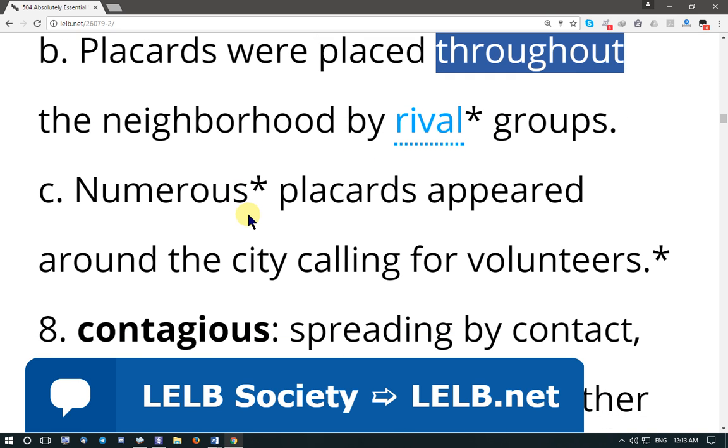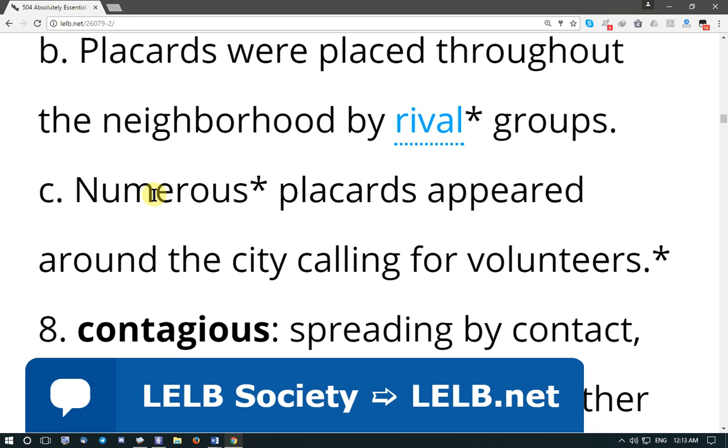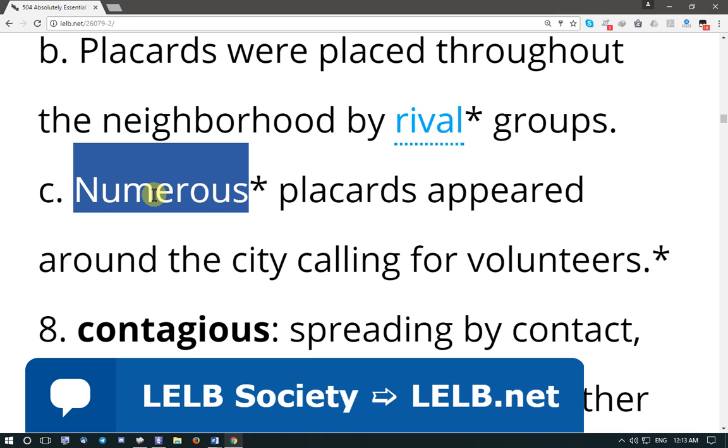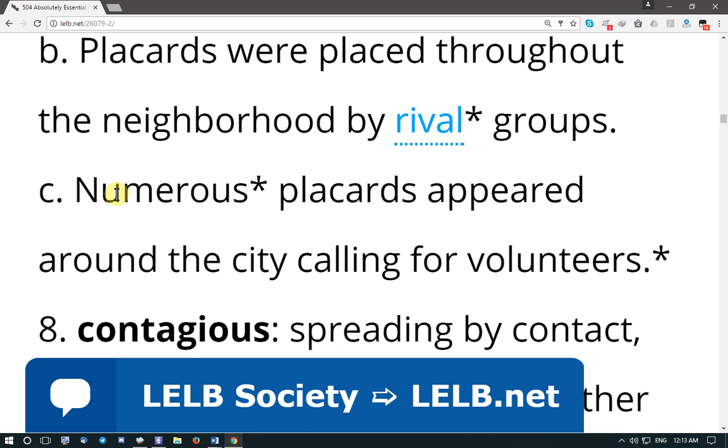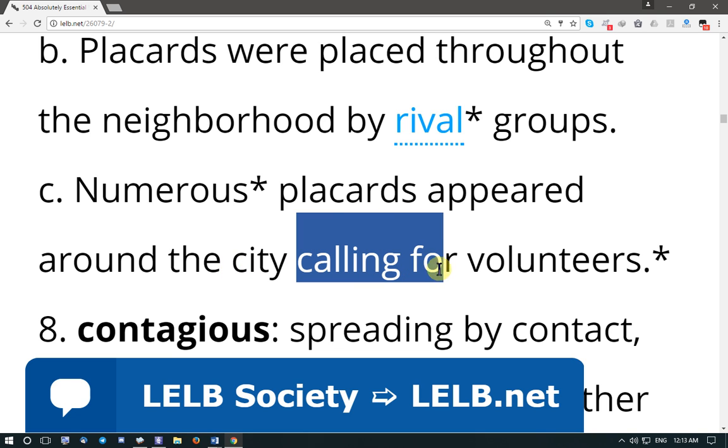Numerous placards appeared around the city calling for volunteers. Numerous means a lot of, so many. It comes from number, means actually so many in number, in large quantities. Placards appeared around the city calling for, pay attention to this phrasal verb.